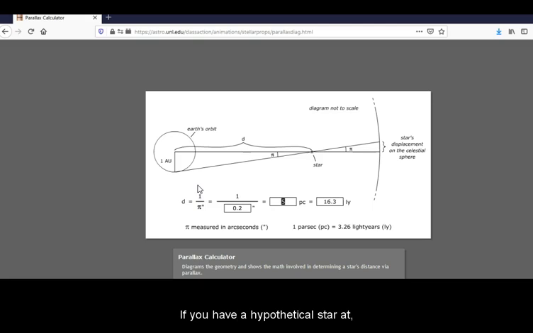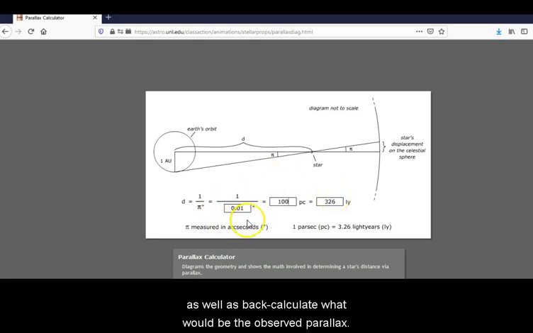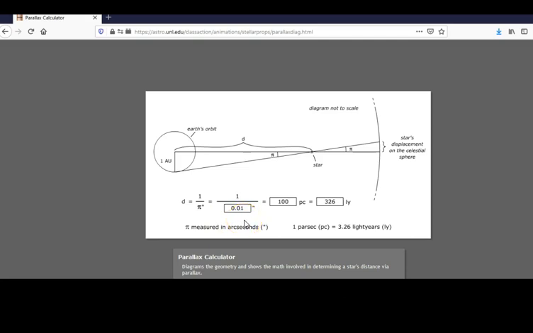If you have a hypothetical star at, say, 100 parsecs, it will calculate the distance in light years, as well as back calculate what would be the observed parallax. You can also manipulate the third entry box as well.